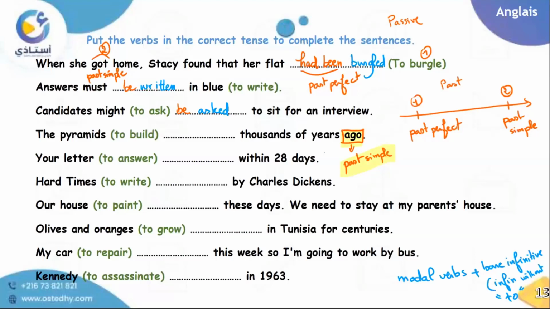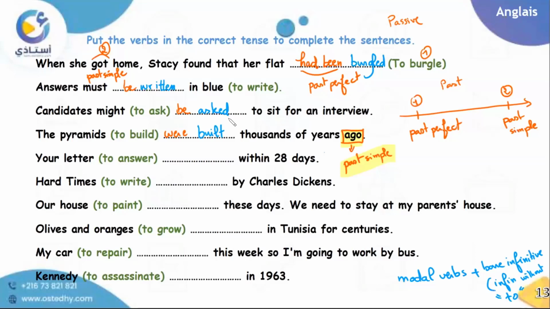So if it is a signal word for the past simple, it means that we need to put be in the past simple. The pyramids are plural, so we wouldn't say was, but rather were, right? Were. And build, as we've seen earlier, the past participle is built as its past simple form.